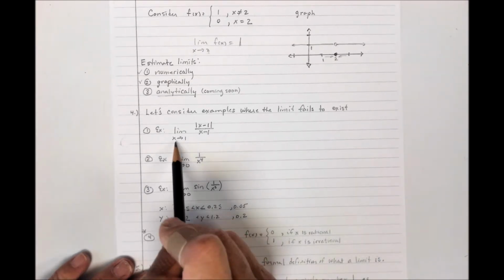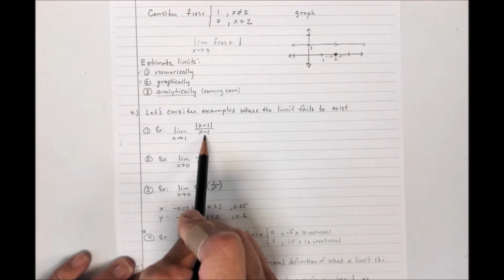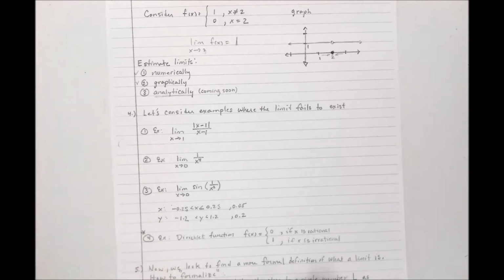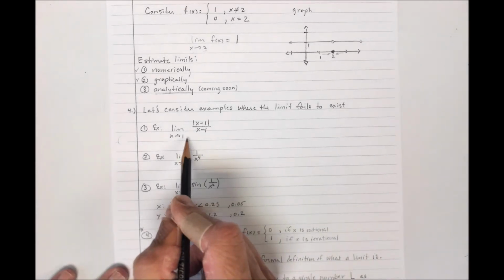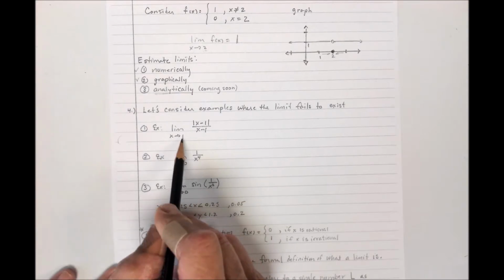The limit as x approaches 1 of the absolute value of x minus 1 over x minus 1. Well, if that absolute value wasn't there, I would have x minus 1 over x minus 1. That would be equal to 1. But in this case, as x approaches 1, we have to consider what happens as x approaches 1 from the left side. So that'd be like 0.9 or 0.99 or 0.999.